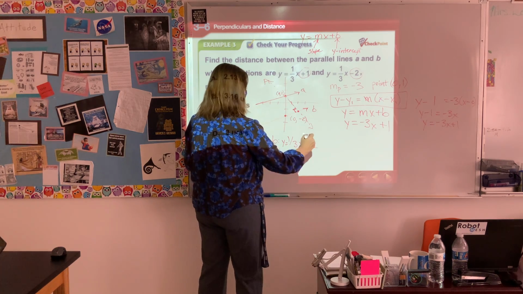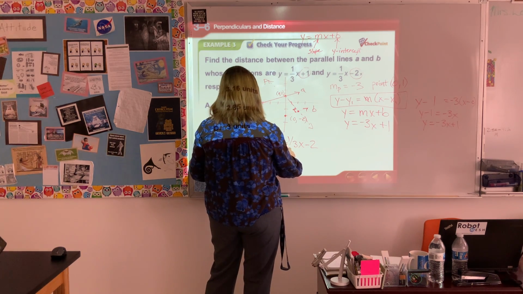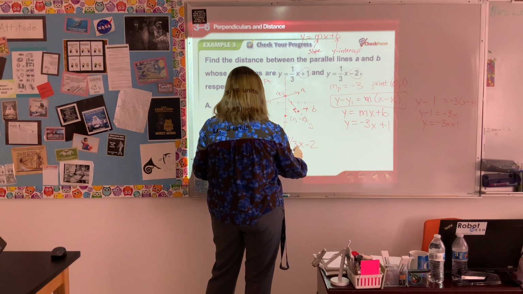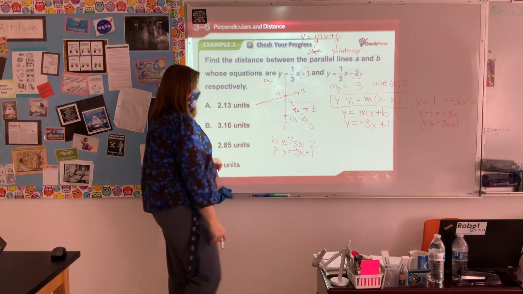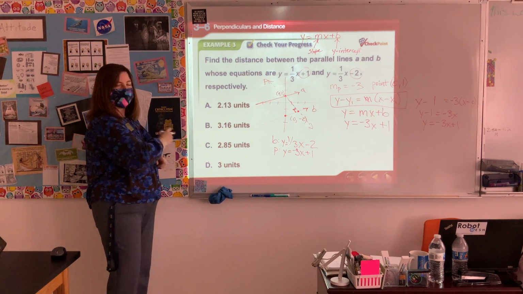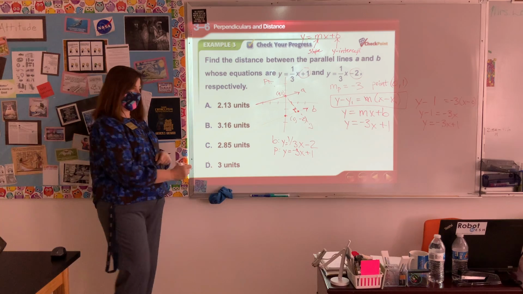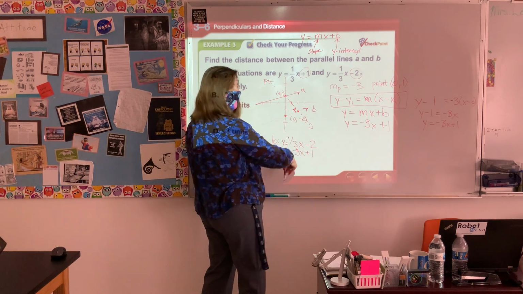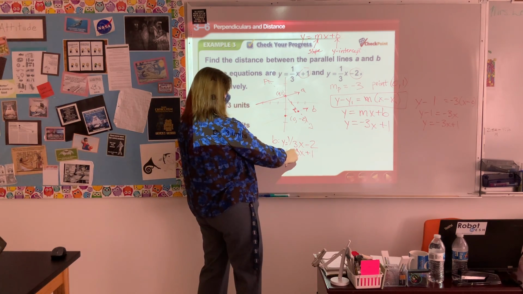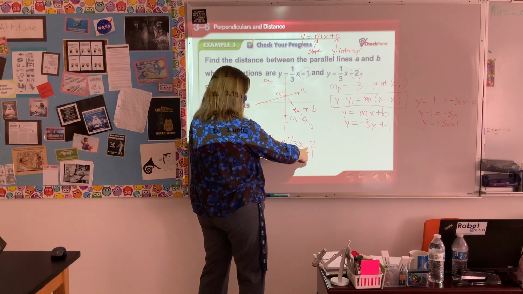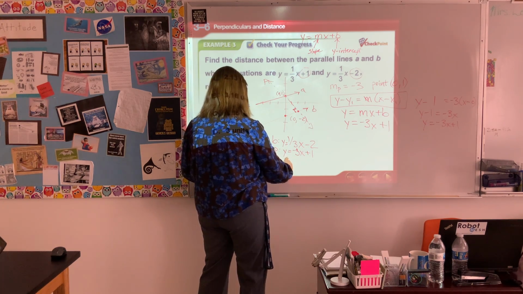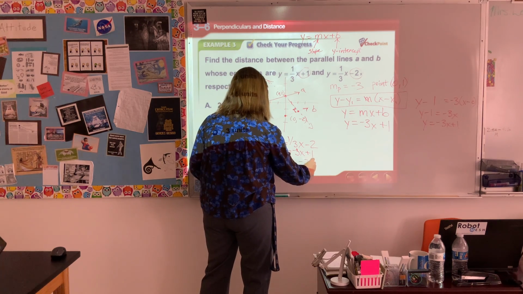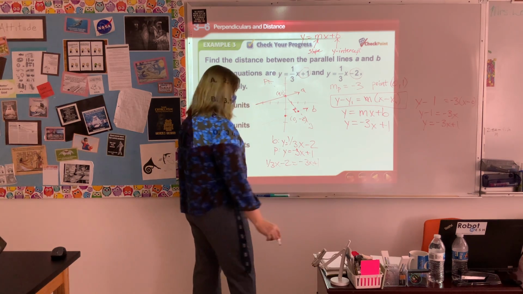Line P is y is equal to -3x plus 1. I don't want to solve it vertically. Let's go back to plugging in this for y over here. We're going to say 1/3 x minus 2 is equal to -3x plus 1.